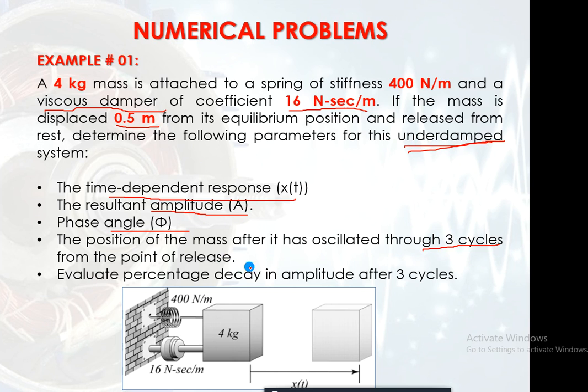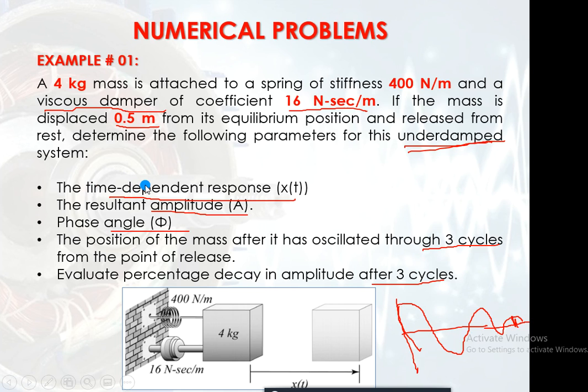Evaluate the percentage decay in the amplitude after 3 cycles. So we are asked to find out what will be the vibration amplitude in the third cycle. So we have to find this amplitude, and the initial amplitude is already given, that is about 0.5 meter. Okay, so let's solve.